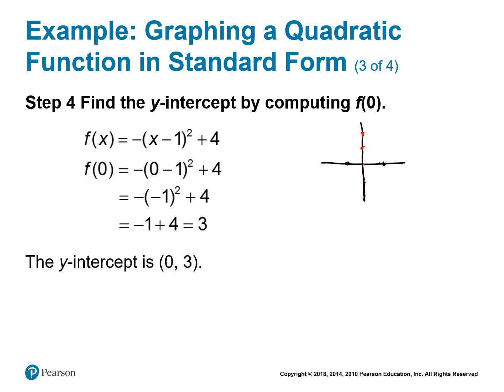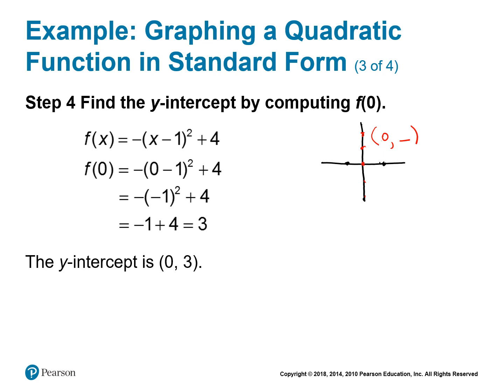Because x is here, we do not shift left or right from the point of intersection. So x is going to be 0 and then y is going to have a non-zero value.